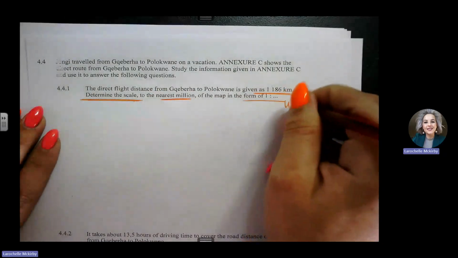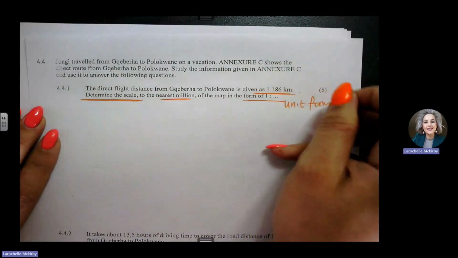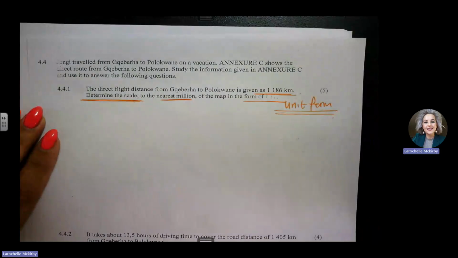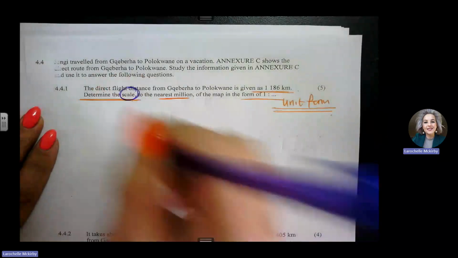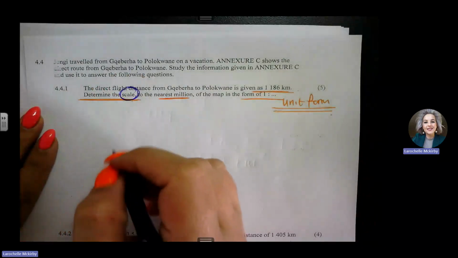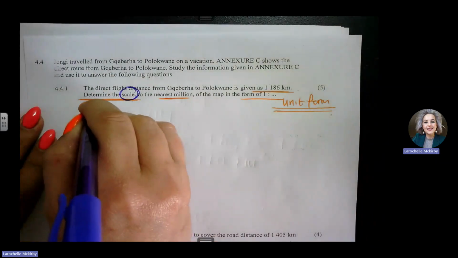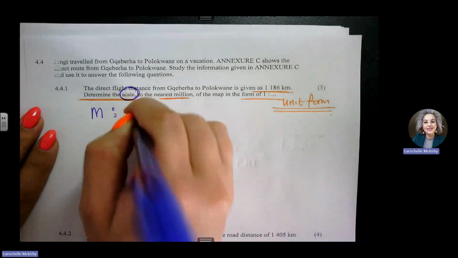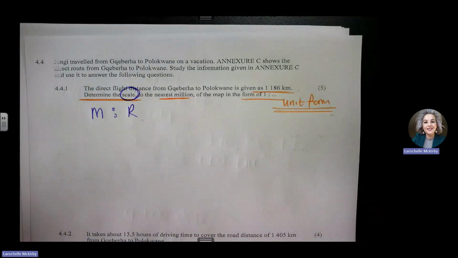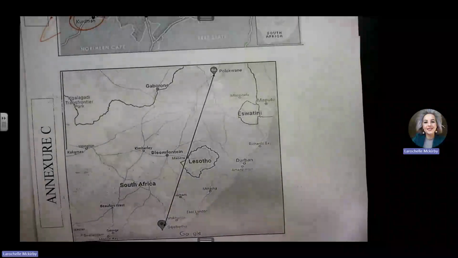So this is in its unit form. Remember, when it comes to maps, a scale is always written as a ratio. That is what's happening on the map to what's happening in reality. So, what is happening on the map? I don't know. Let's quickly measure that.